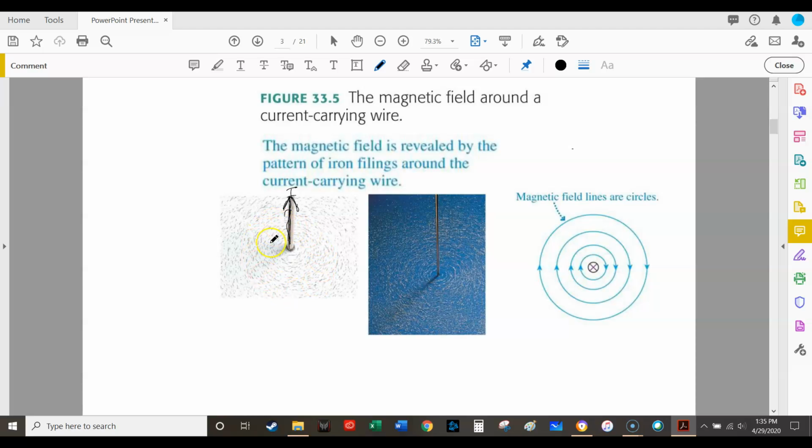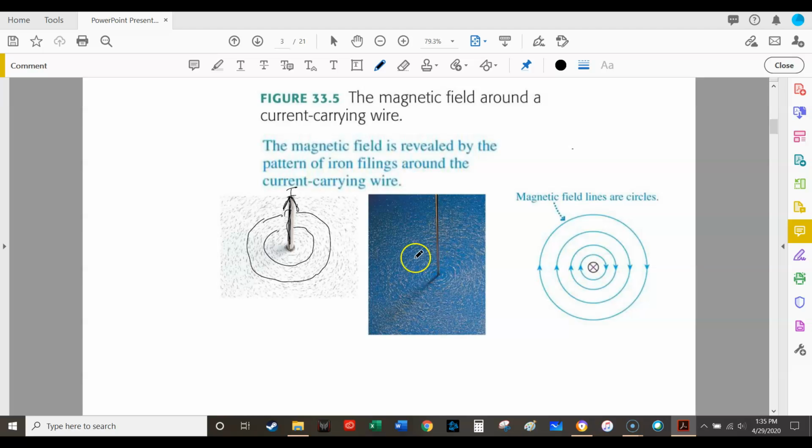Well, notice the iron filings that we talked about last time are creating a circular pattern around this current, which is kind of odd, right? I would think if the current is pointed one way, that the magnetic field might be pointing along that same direction. But what's interesting is that this magnetic field is actually going around the current carrying wire, right?